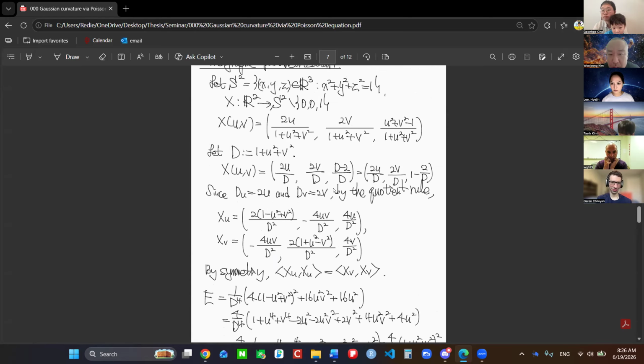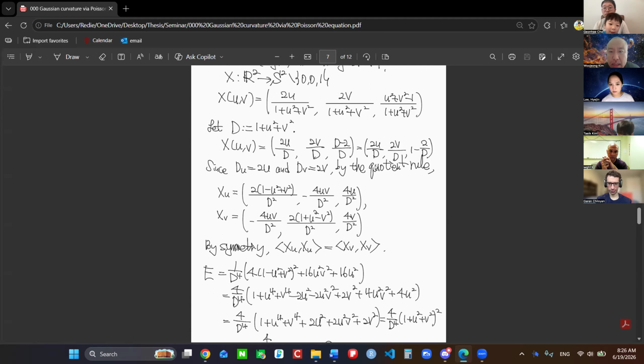But the denominator, they were all the same. And this x component and y component depend only on u and v. So this is symmetry, and the z component is 1 minus 2 over d. So it doesn't depend on u nor v.